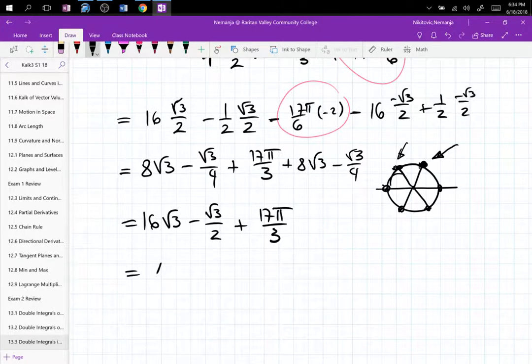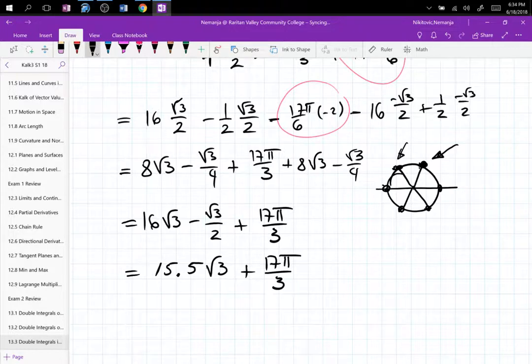So that's 15.5 root 3 plus 17 pi over 3, which equals some number that you can get if you are in love with decimals. And that's 13.3.